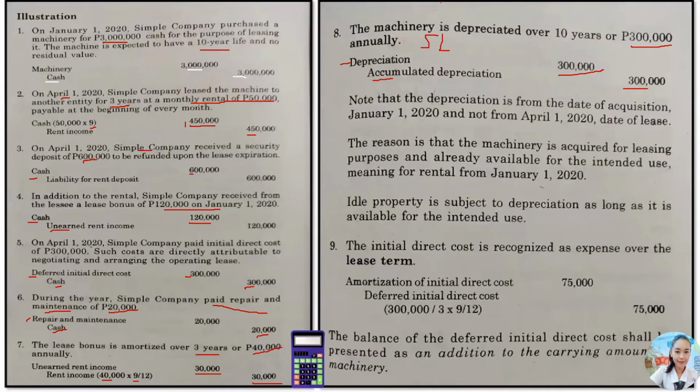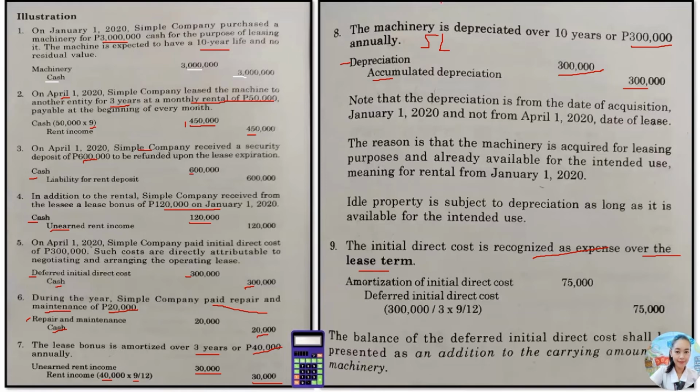Now lastly, the initial direct cost. The initial direct cost again is recognized as expense over the lease term.